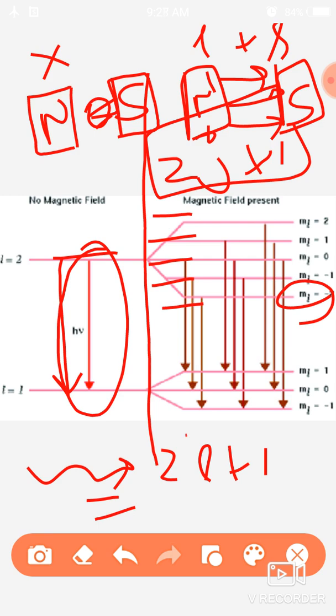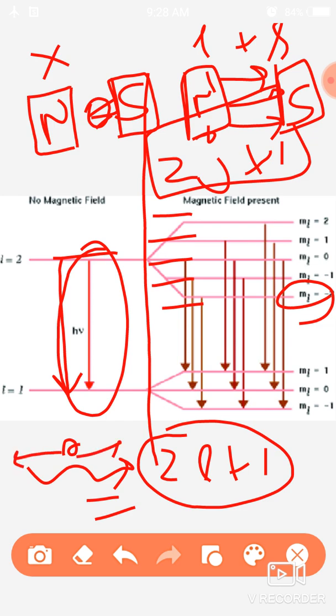Then the values run from 0 to both sides with equal magnitude: minus 1, 0, plus 1, as you know from earlier classes, and here minus 2, minus 1, 0, plus 1, plus 2, the values of total angular momentum.